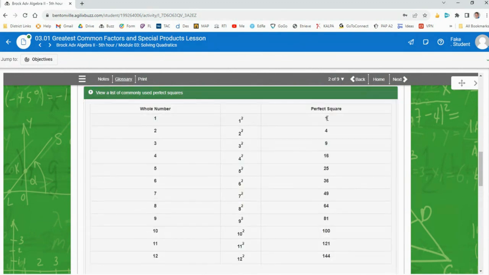Seeing these numbers, you should think, uh-oh, is this a difference of perfect squares? 1, 4, 9, 16, 25, 36, 49, because this is 1 squared, 2 squared, 3 squared, all the way up to 12 squared. When you see those in an equation, you should automatically think, is this a difference of squares situation?